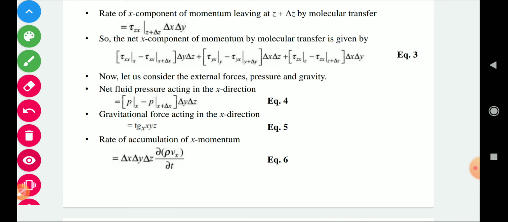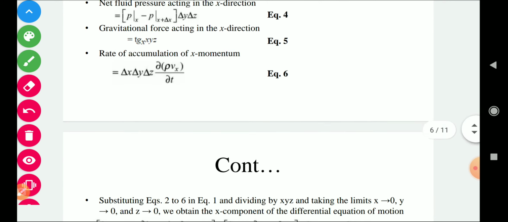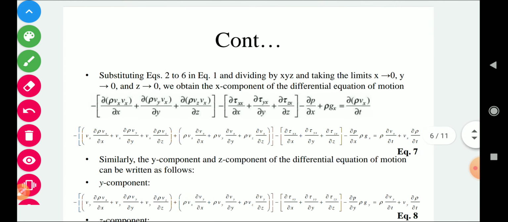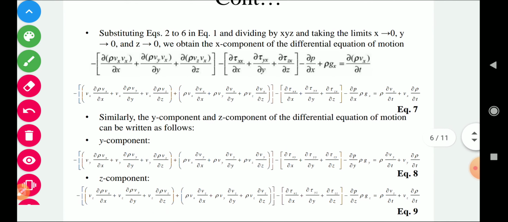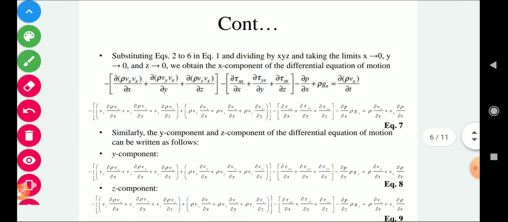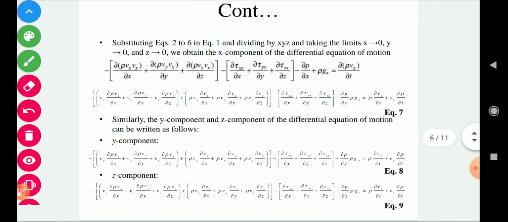If we put all these values in the conservation of momentum equation, substituting equations 2 to 6 in equation 1 and dividing by delta x, delta y, delta z, and taking the limit delta x tends to 0, delta y tends to 0, and delta z tends to 0, we obtain the x component of the differential equation of motion, which is this one.